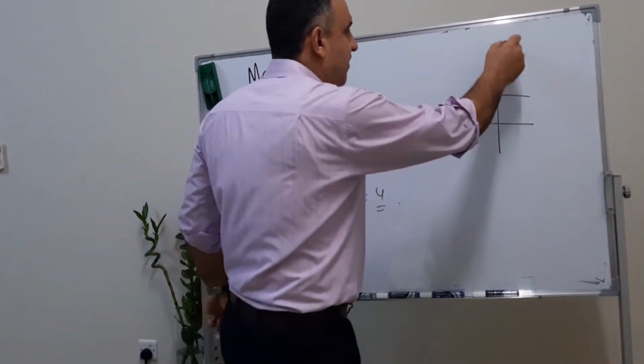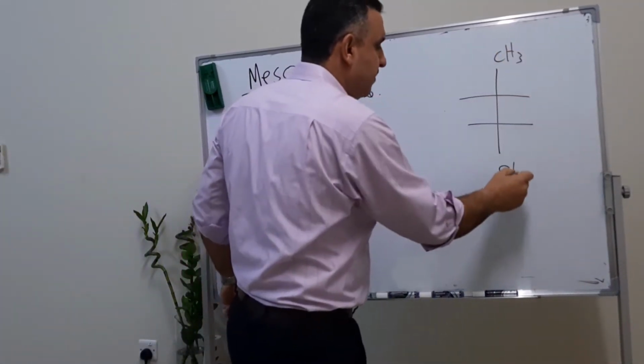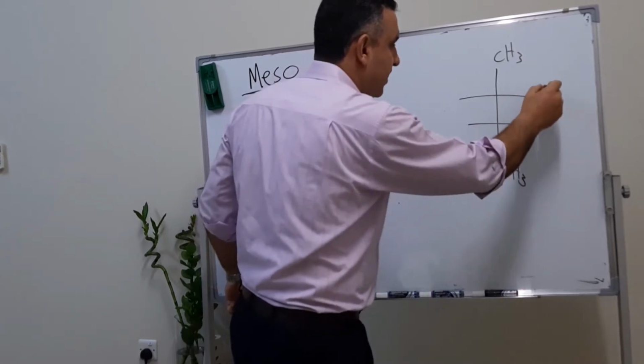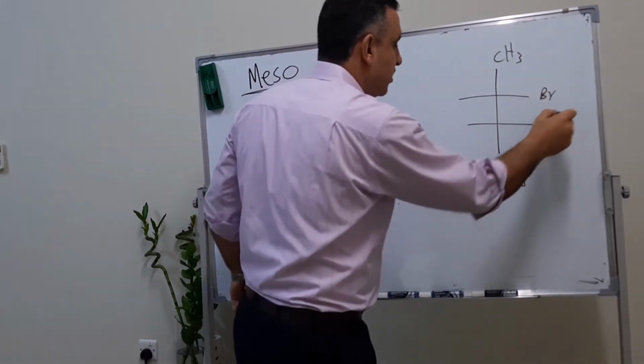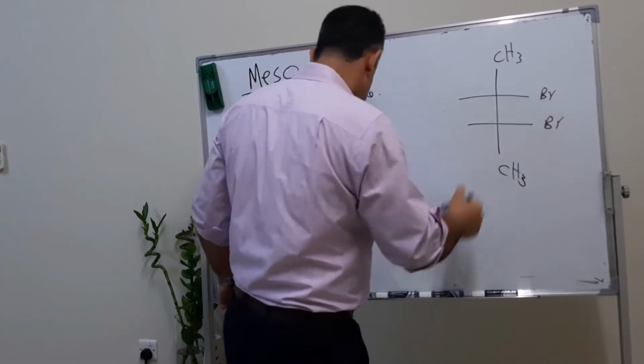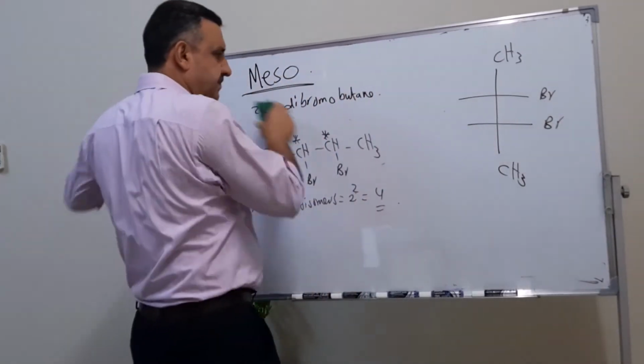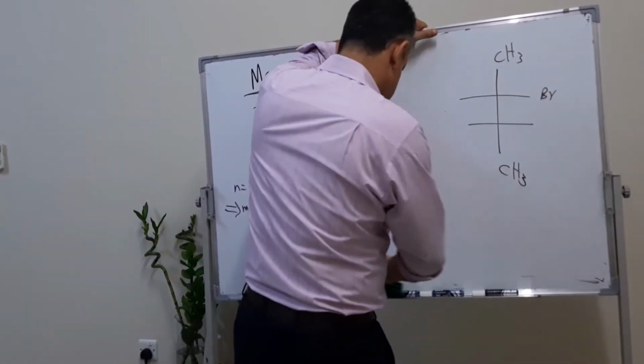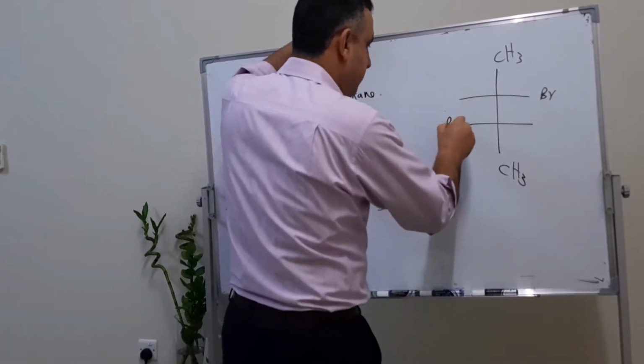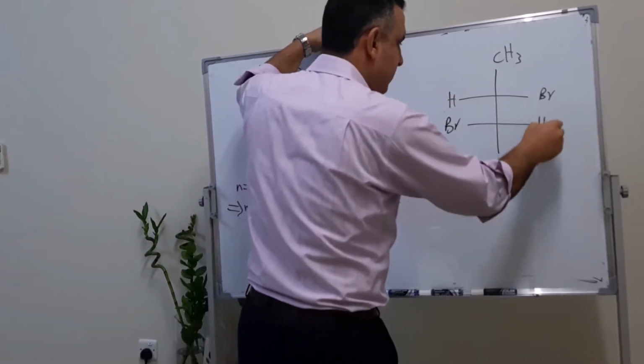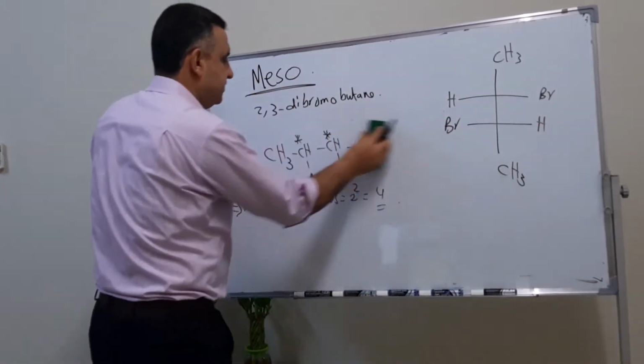So here we have a methyl and then a methyl, and then we have the bromine. The easiest way to draw it is like this: Br, Br. Make it opposite first, or trans fashion.